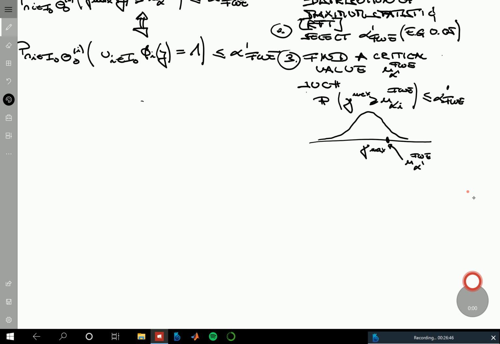So we want to shift around the u such that the probability for the maximum statistic to be larger than this is smaller or equal to, for example, 0.05.